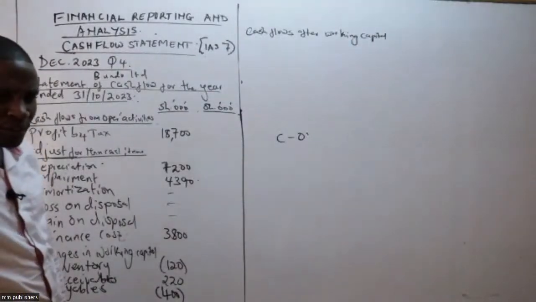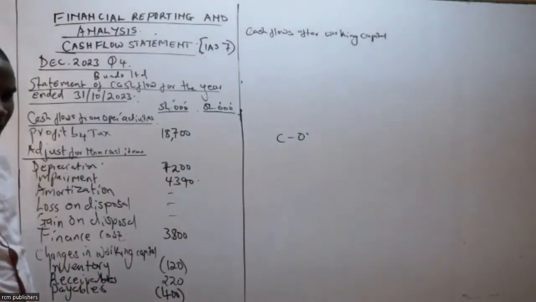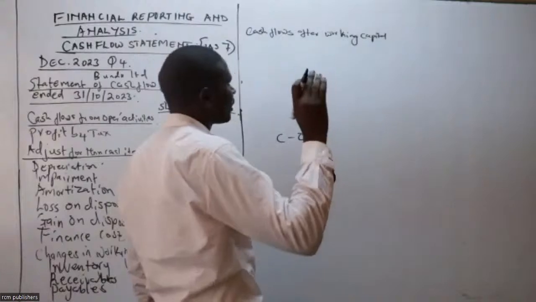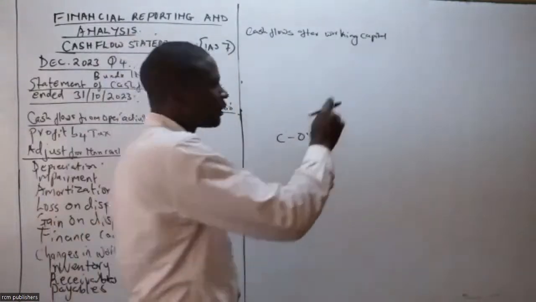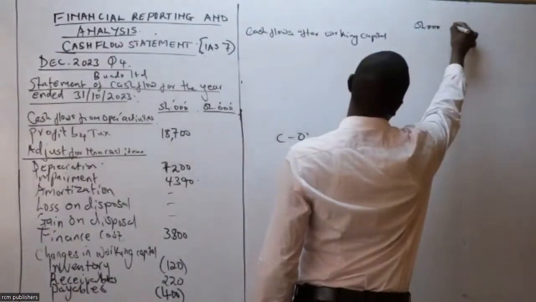This 5,000 acquisition is equal to which additional information number? Equal to additional information number 2. Thank you. So we can have my figures here in 1,000.